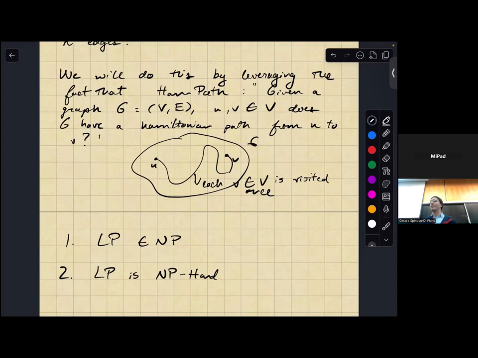Given a path P, you check that it has length at least K, and you also check that it's simple, so no vertices are repeated.